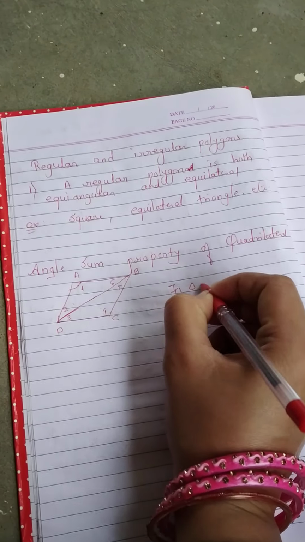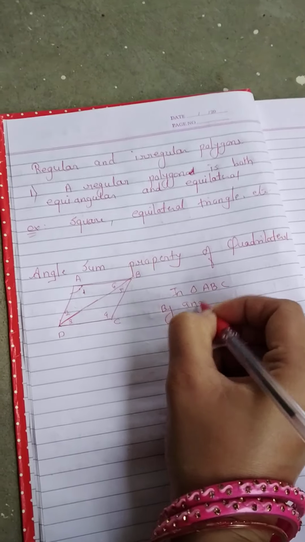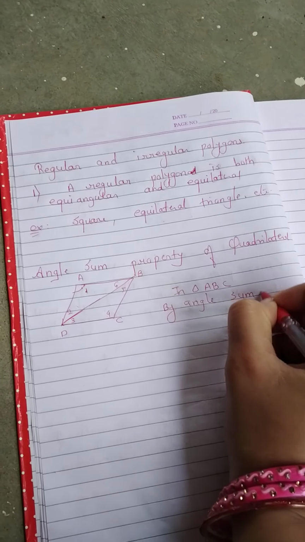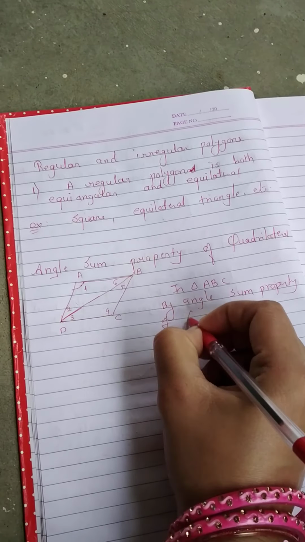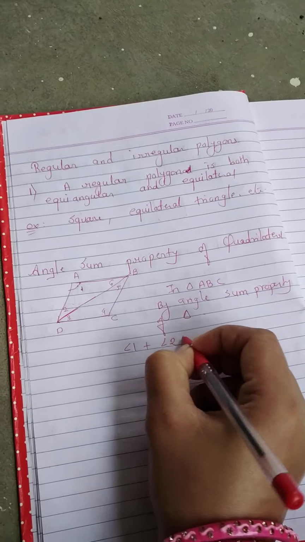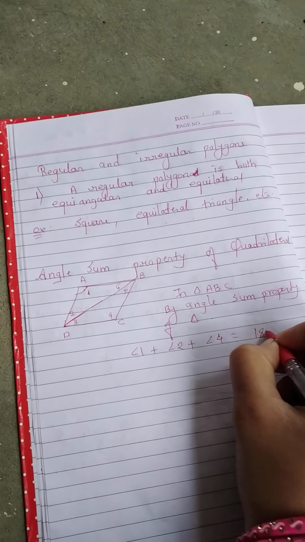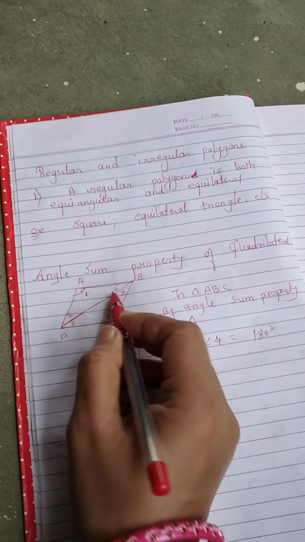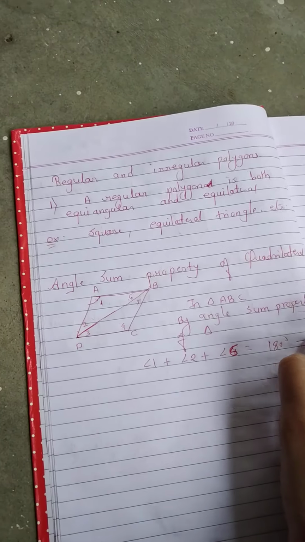In triangle ABC, by the angle sum property of a triangle. So what is the angle sum property of a triangle? Angle 1 plus angle 2 plus angle 6 is equal to 180 degrees. Here 1, 2, 6, sorry, 6 not 4. Equation 1.